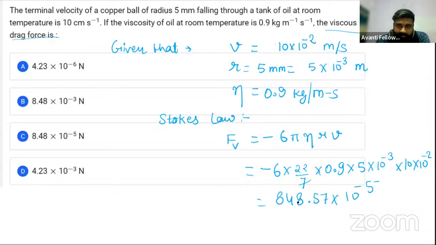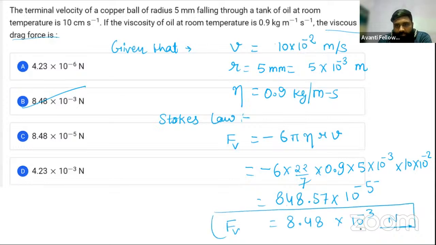Now, if you take the decimal up to this point, 8.48, you can cancel out the power, and it will become minus 3. So this option is the correct option. This is the viscous drag force which the fluid, or this liquid, applies on this copper ball. Okay.